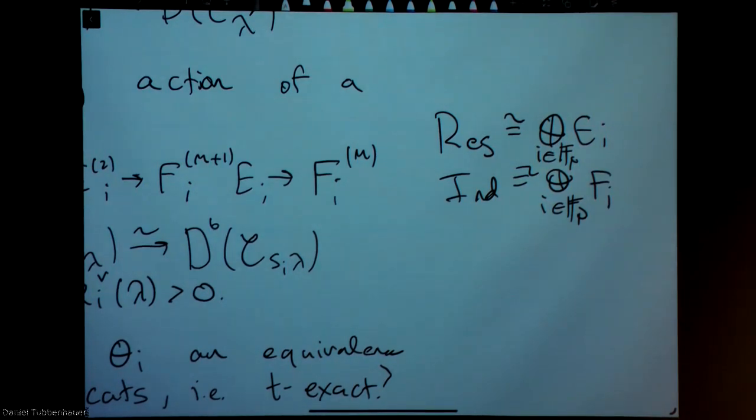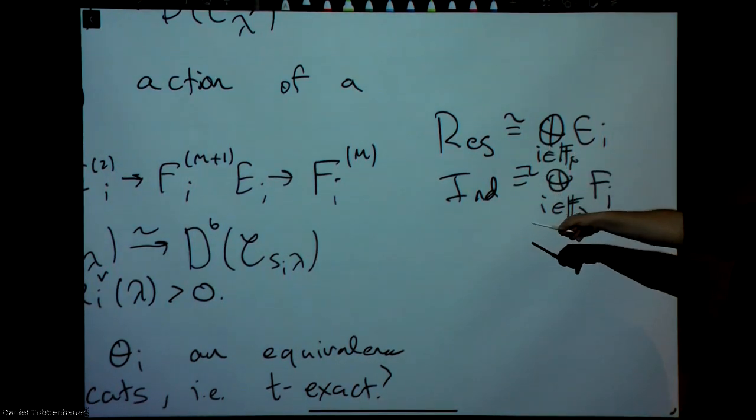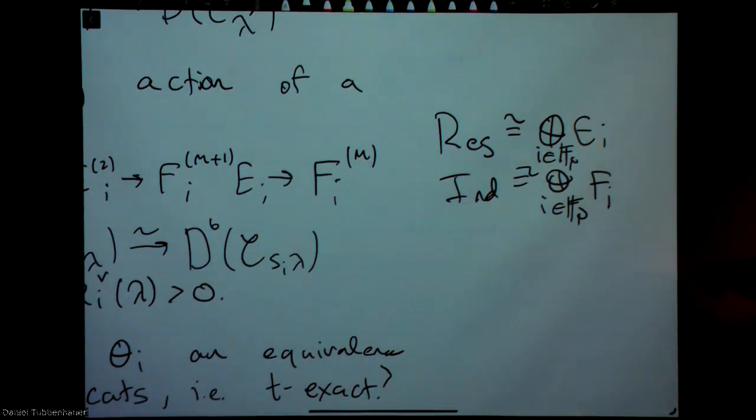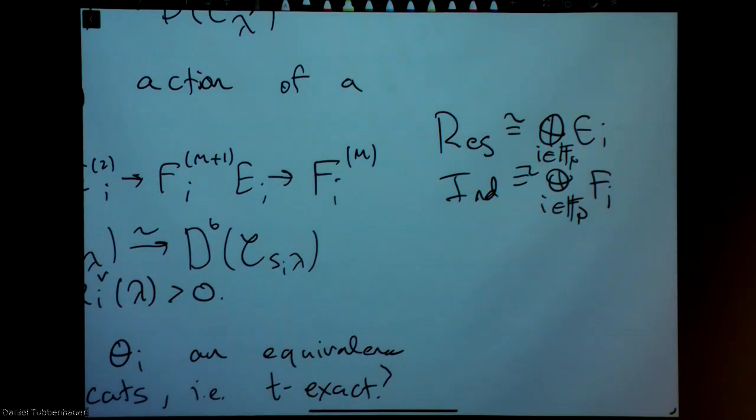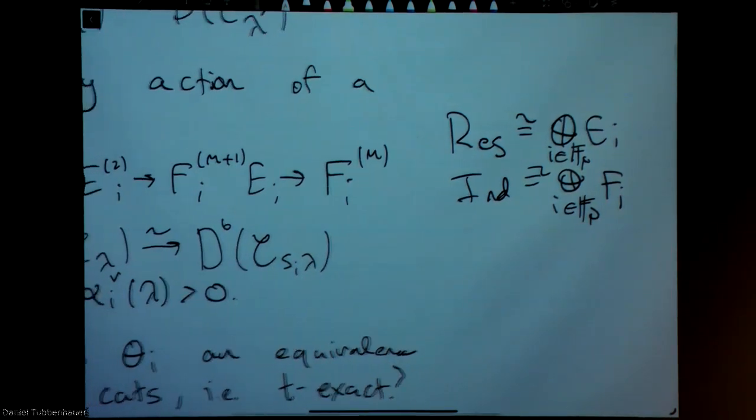In terms of working with partitions, restriction adds a box, induction removes a box, and this breaks up the functor according to what the content of the box you're adding is, or alternately, by looking at the eigenvalues of the Jucys-Murphy elements.